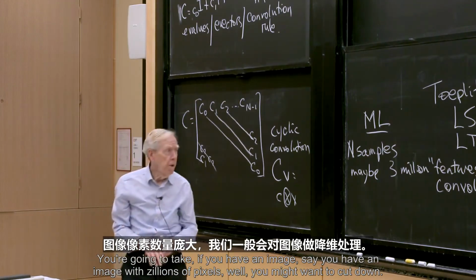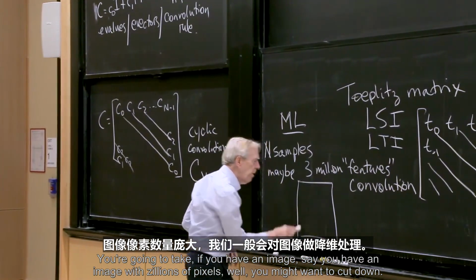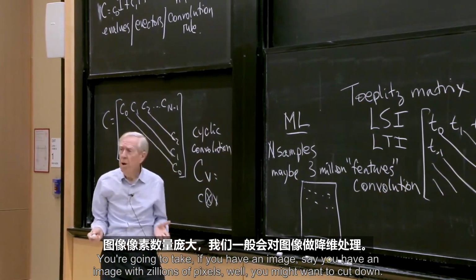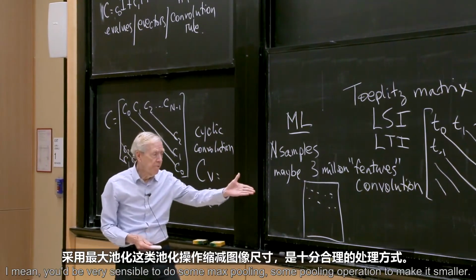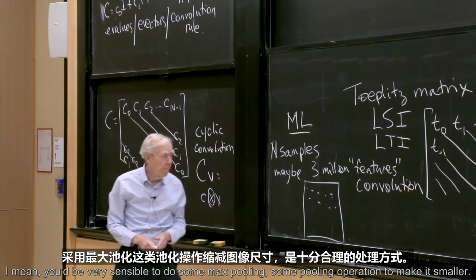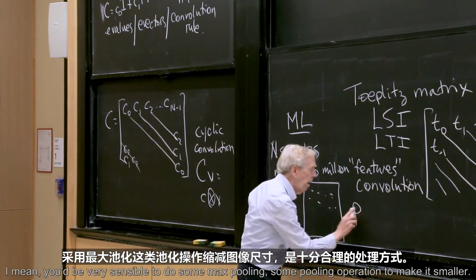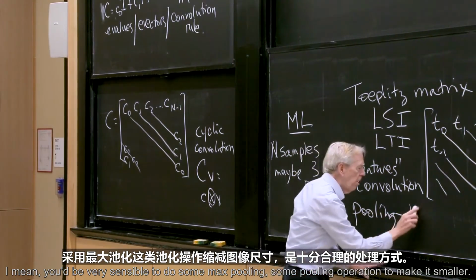If you have an image with zillions of pixels, it would be very sensible to do some max pooling, some pooling operation, to make it smaller.